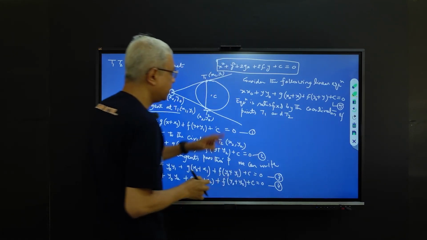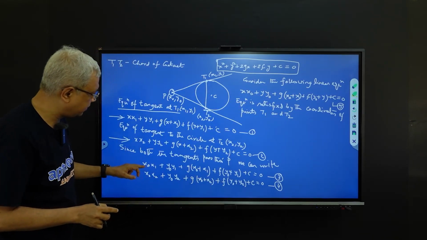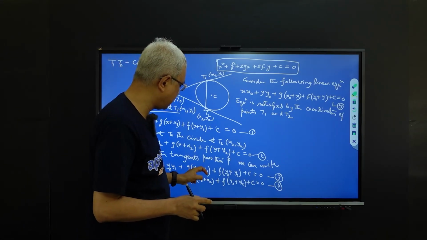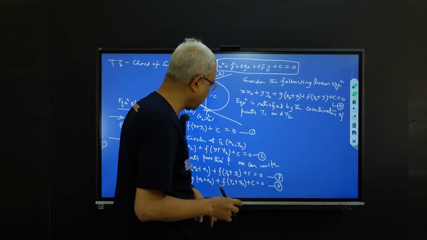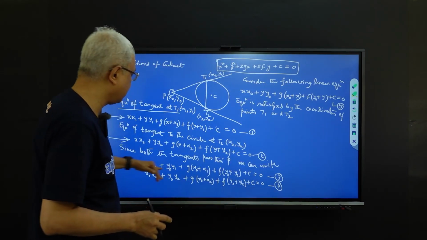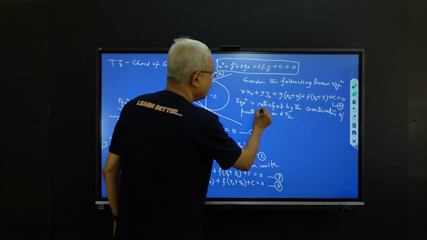Why? Because x1, y1 satisfies this equation, since we have already obtained the relation x0 x1 plus y0 y1 plus g(x0 plus x1) plus f(y0 plus y1) plus c equal to 0. That means this equation is satisfied by x1, y1 as well as x2, y2.